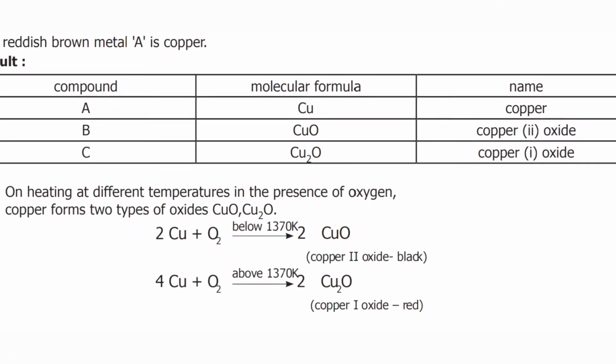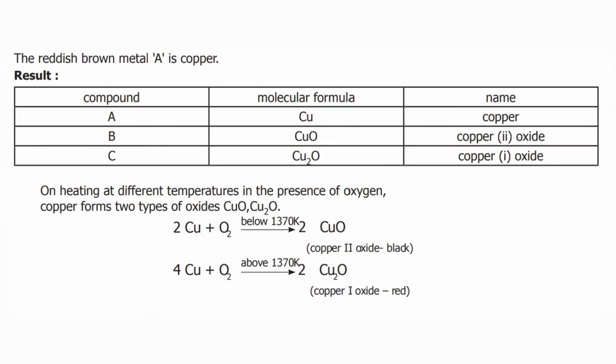Answer: the reddish brown metal A is copper. Compound A, molecular formula Cu, name copper. Compound B, molecular formula CuO, name copper 2 oxide. Compound C, molecular formula Cu2O, name copper 1 oxide.